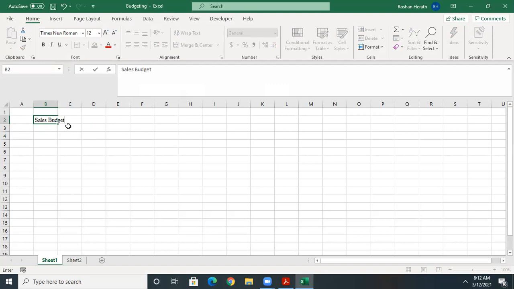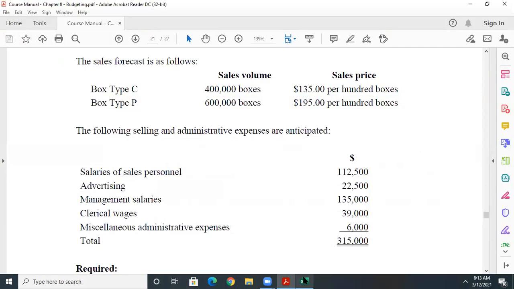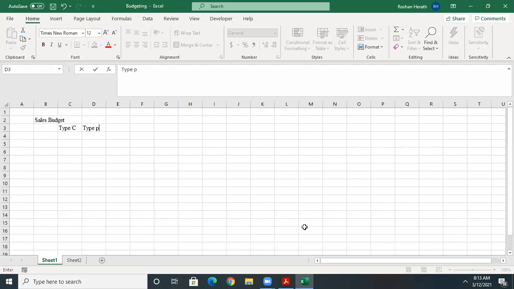Basically, you have two products. One is called type C product box, and the other one is type P. So that's how it works, type C and type P.